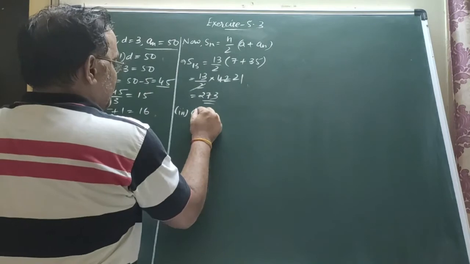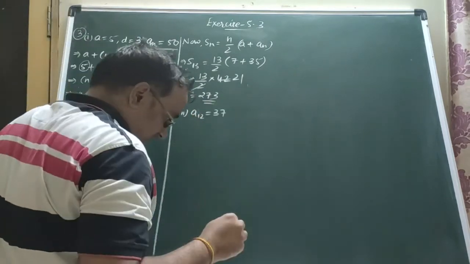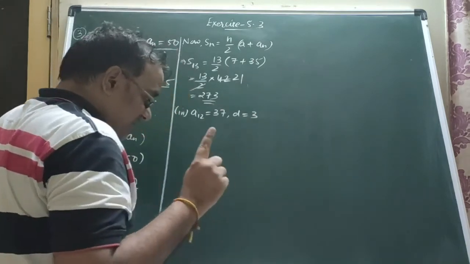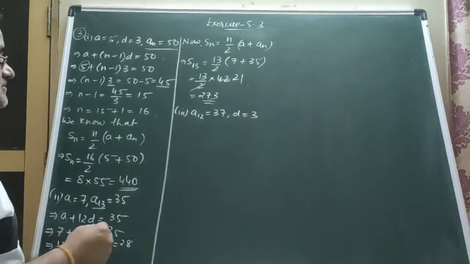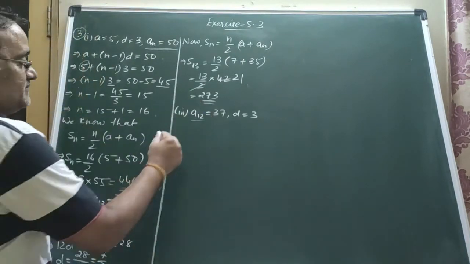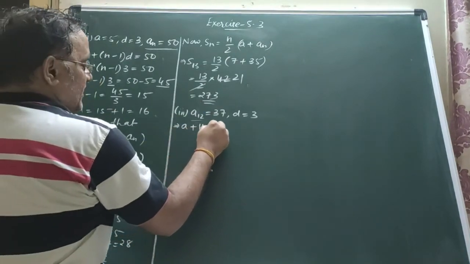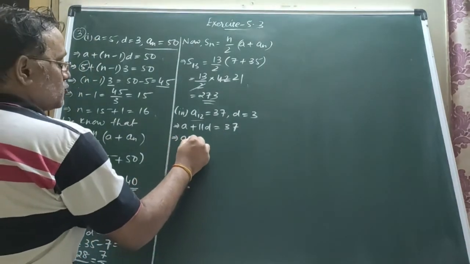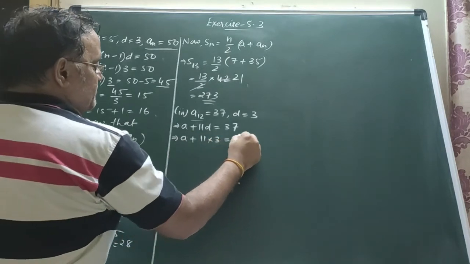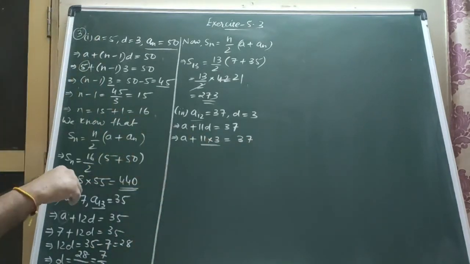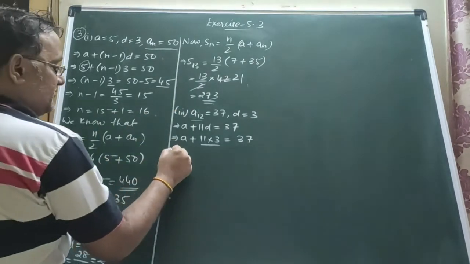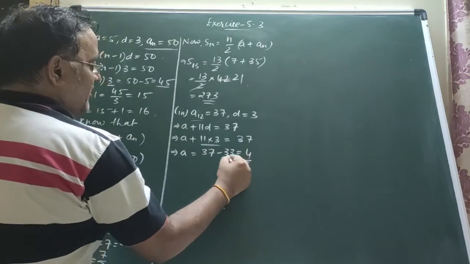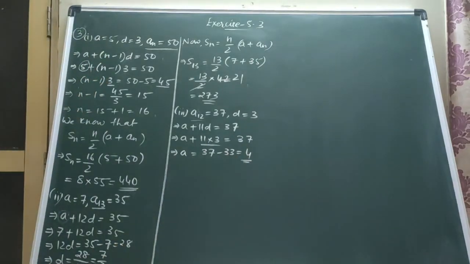Third bit: a12 is equal to 37 and d is equal to 3, and we need to find the value of a and S12. So what is a12? a plus 11d. Now the value of d is already given, so we will substitute it. 11 into 3 is 33. We'll shift 33 to that side, so minus 33 and we will get the value of a, that is 4.